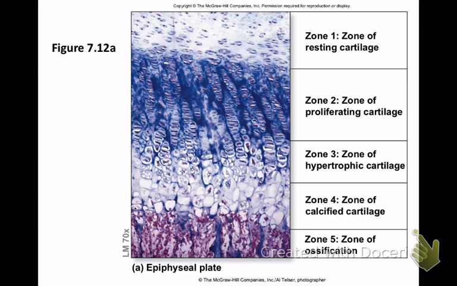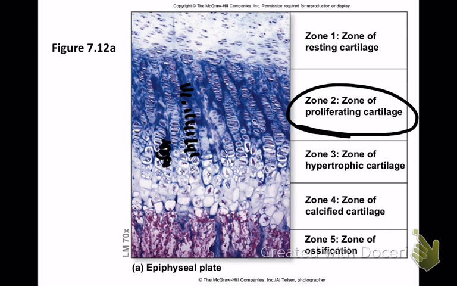All right, so what I want you to see in this picture is the way the cartilage grows. In this area of proliferating cartilage, notice that as the cells divide, they're almost all dividing top and bottom. They look like little stacks of coins, don't they? So if this is the epiphyseal plate, then watch as I draw the new layers.